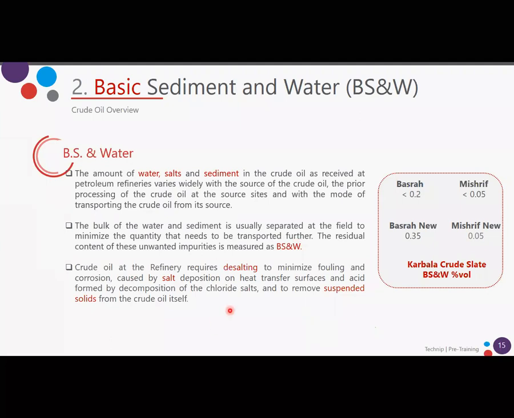Crude oil at the refinery requires desalting to minimize fouling and corrosion caused by salt deposition on heat transfer surfaces and acid formed by the decomposition of the chloride salts, and to remove suspended solids from the crude oil itself. We will see in the next online session, next week, when we talk about the crude oil distillation, the first section of the unit, that is the desalting of the crude oil, okay?